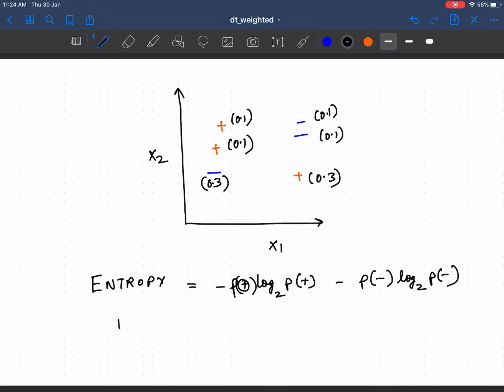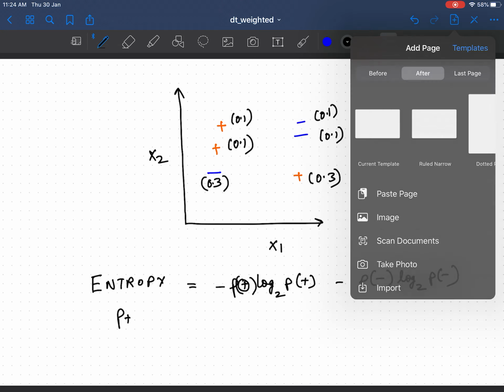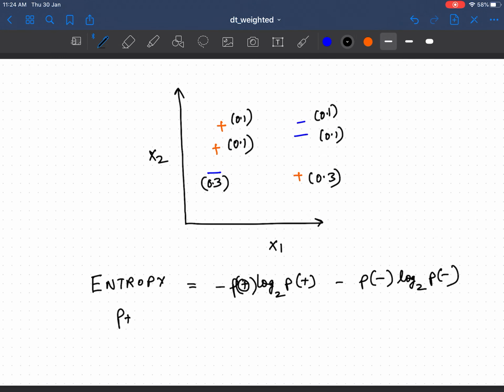So the difference we'll now get is in calculating the probability of plus. Let's see the samples which have the plus class. These samples are 1, 2, and 3. So we have 3 samples. Their weights are 0.1 plus 0.1 plus 0.3, divided by the sum of weights of all the samples, which is 1.